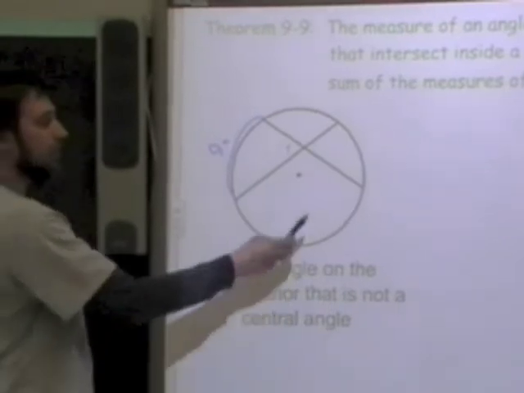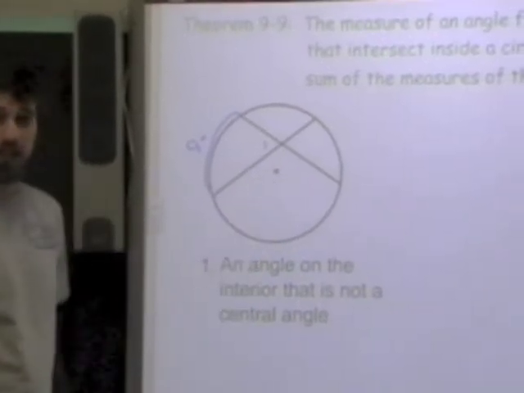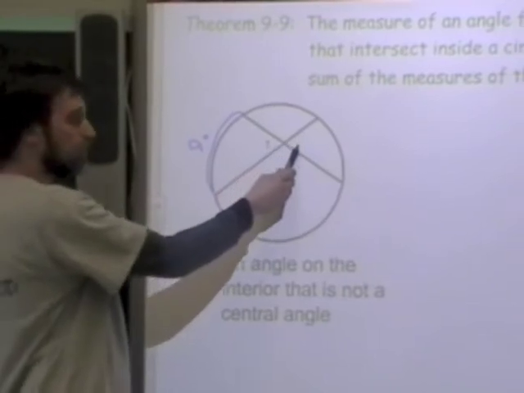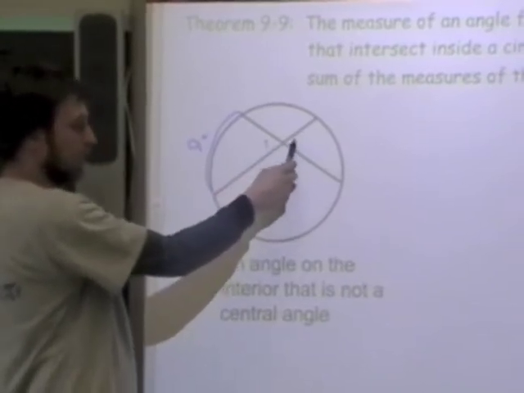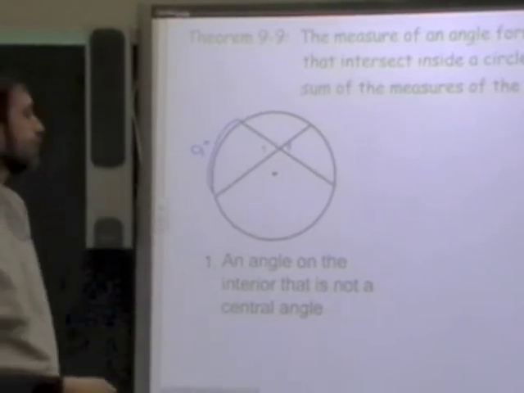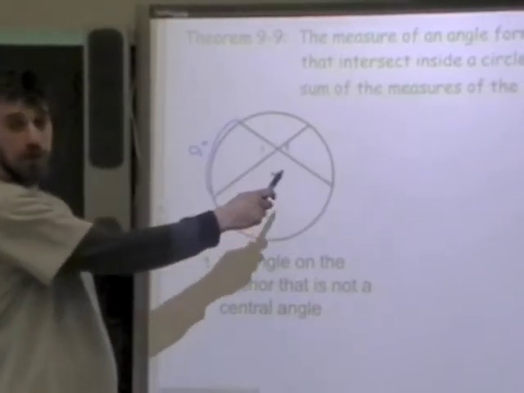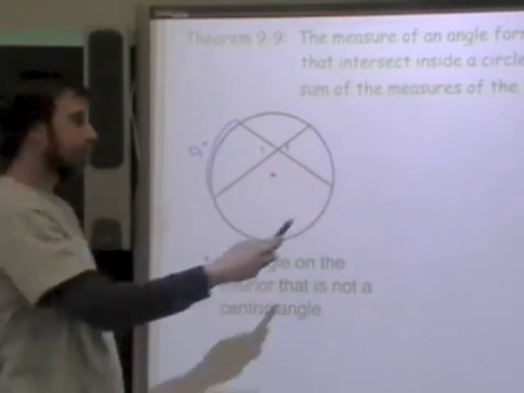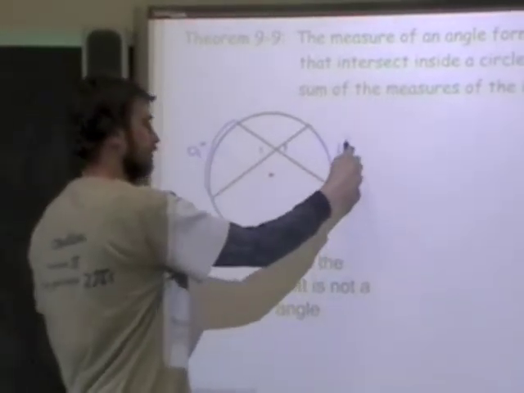Second part, we need to find the angle vertical to the angle that we're working from. So here's angle 1. We know that angle 1's vertical angle is right here, and we know that these are in fact equal because they are vertical angles. And then the last part, we want to find the measure of the arc that that angle opens up to. We will label it B degrees.